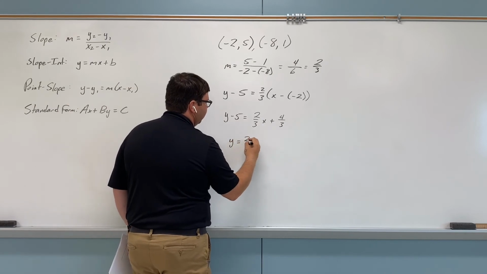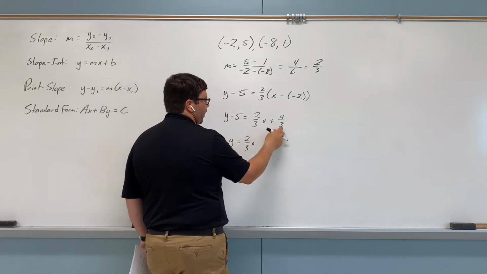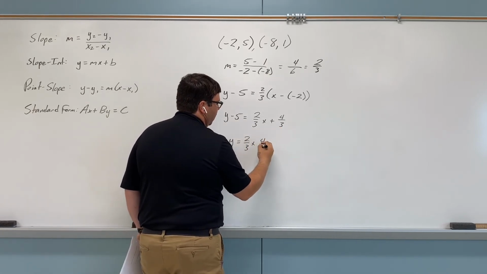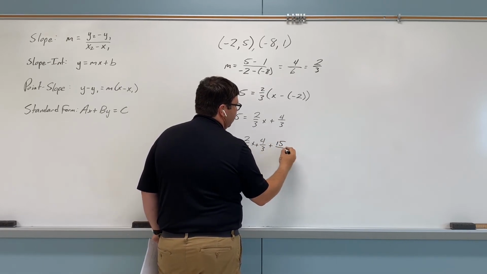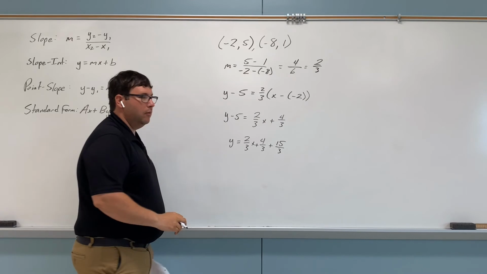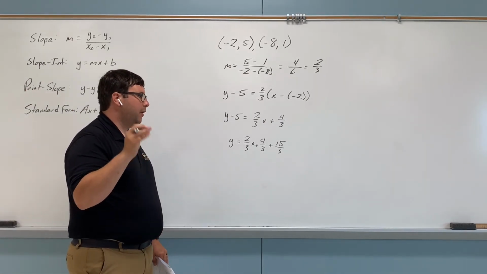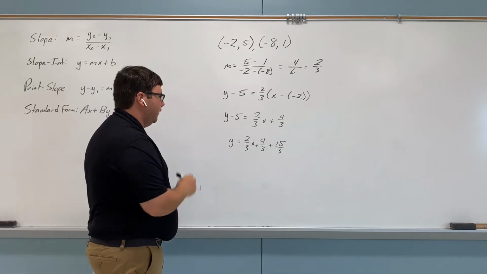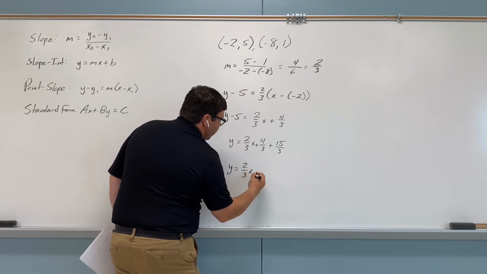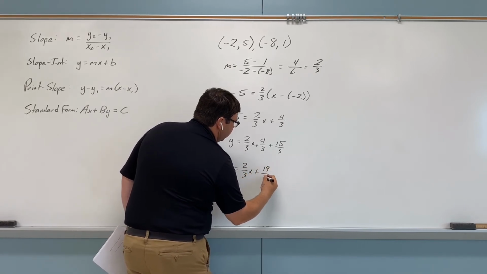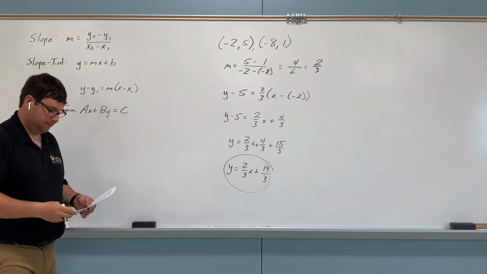Remember, when you're adding that 5 over, because it is a whole number, you have to get a common denominator. So I'm going to add 5, but it's actually going to be 15/3. My common denominator here is 3. So what I'm doing is multiplying by 3 over 3 to get 15/3. Simplify this. I have y is equal to 2/3 x plus 19/3. And there is your equation.